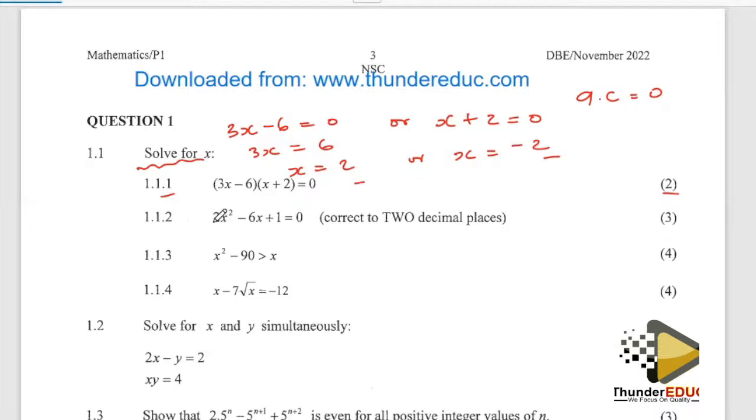Then 1.1.2, we have 2x squared minus 6x plus 1. Now, whenever we have this condition, correct to two decimal places, we definitely have to use the quadratic formula. So we say it's 2x squared minus 6x plus 1 is equal to 0.